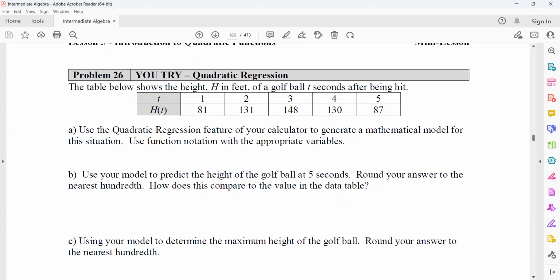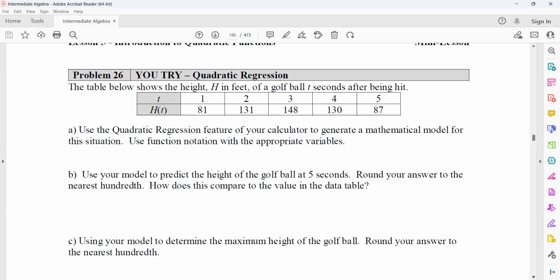The table below shows the height, this is problem 26, H in feet of a golf ball, t seconds after being hit. So we have 1, 2, 3, 4, 5 for time. And h of t is 81, 131, 148, 130, 87. Use the quadratic regression feature of your calculator to generate a mathematical model for this situation. Use function notation with appropriate variables.